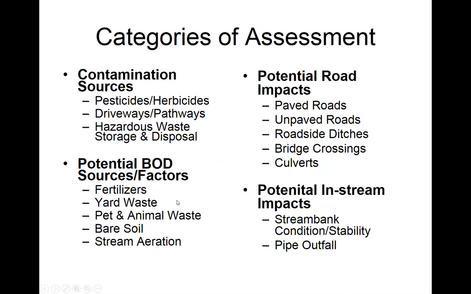So we looked at things that would reduce it and what was in the stream that possibly could increase its stream aeration. Then we looked at public sector roads. These are things that cross the stream or parallel the stream.